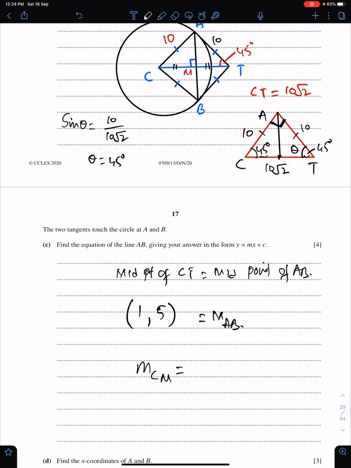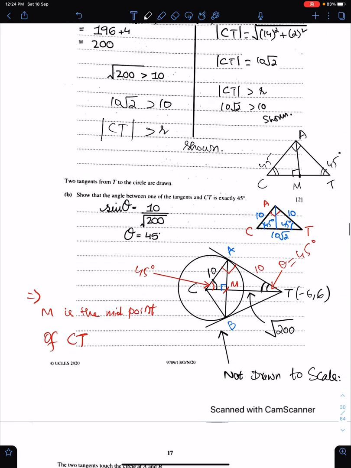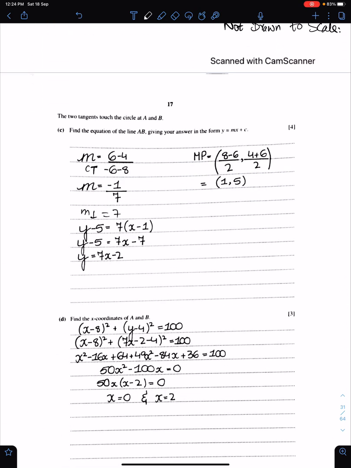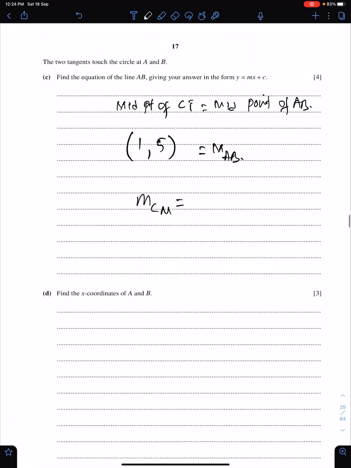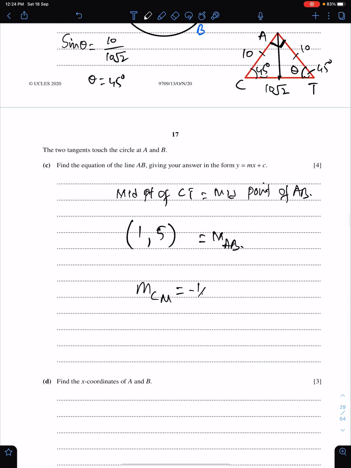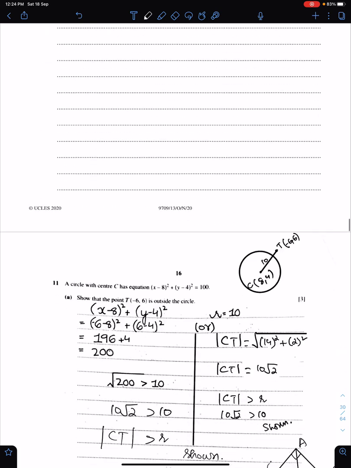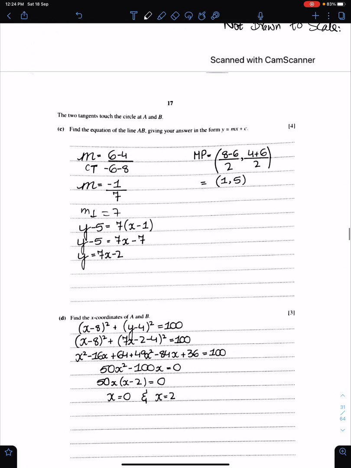So gradient of CM will be minus 1 upon 7. Therefore gradient of AB will be the negative reciprocal of this, 7, and equation of AB must be y equals 7x minus 2.